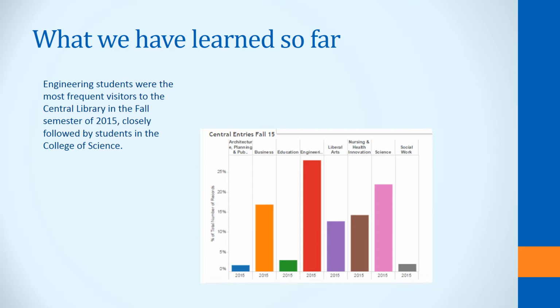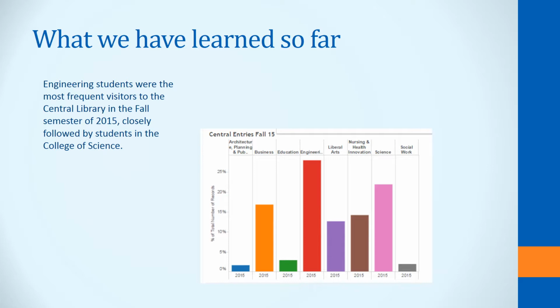They were closely followed by students from the College of Science and students from the College of Business. And you can see we have architecture and public planning is a fairly low number, but we do have a library facility in the architecture building, so it was not surprising to us to see that.